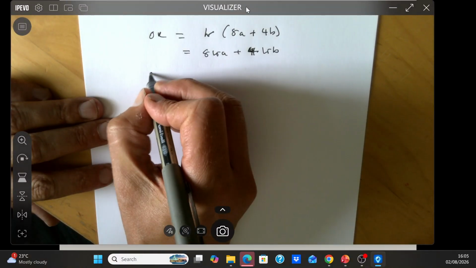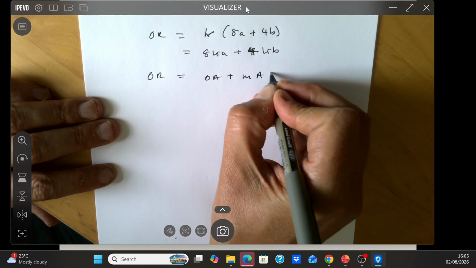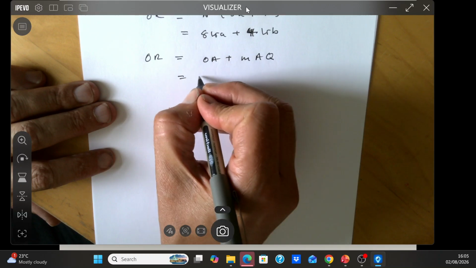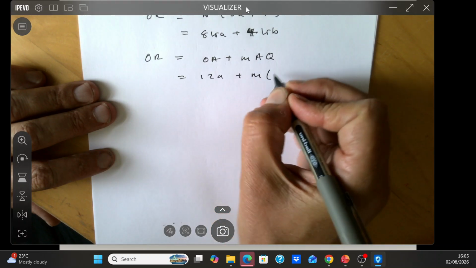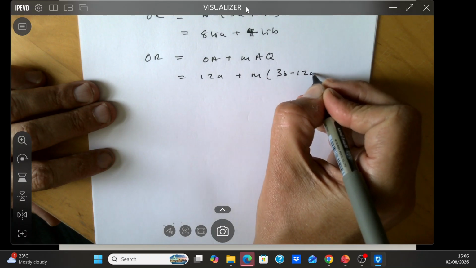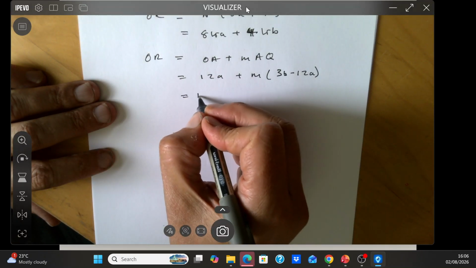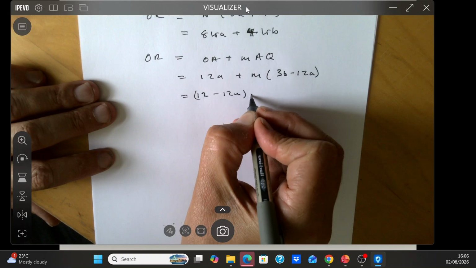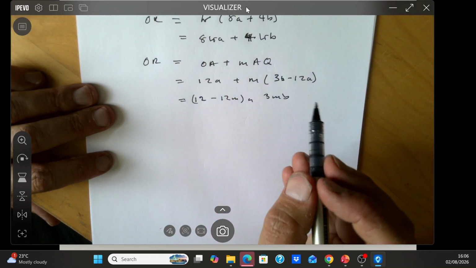Correct. You can also say OR equals OA plus a multiple of AQ. So let's put those in. Got that. Let's just put that together. Now, what do we do with these two?